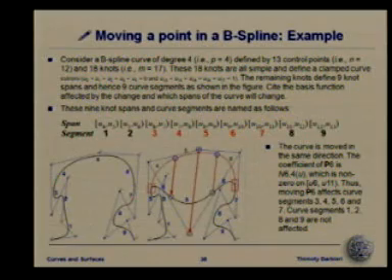To obtain this effect in B-spline, we have to configure the knots in a way that we have a number of knots equal to the degree of the curve defined at 0, and the same number of knots equal to the degree of the curve defined at 1. If I do that, then my curve is clamped, meaning that it starts from the first control point and it ends on the last control point.